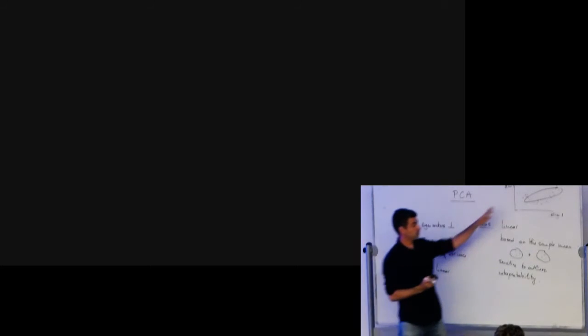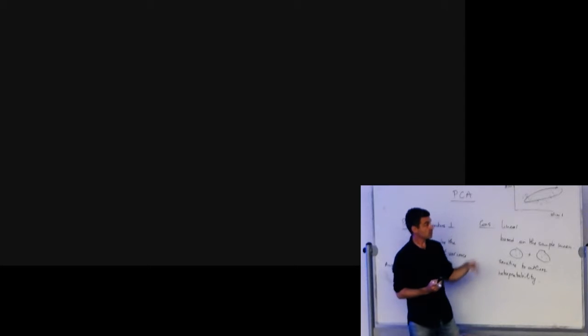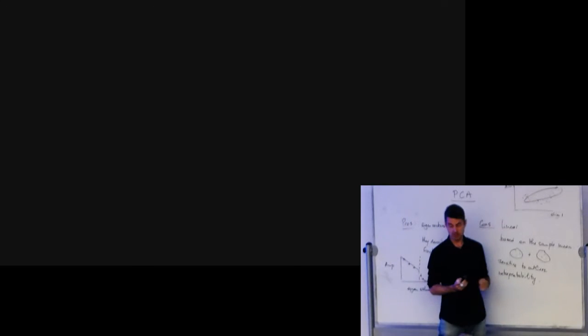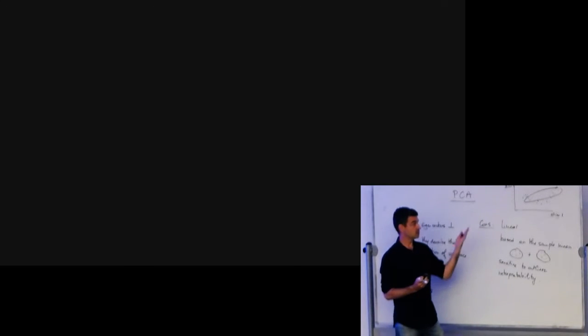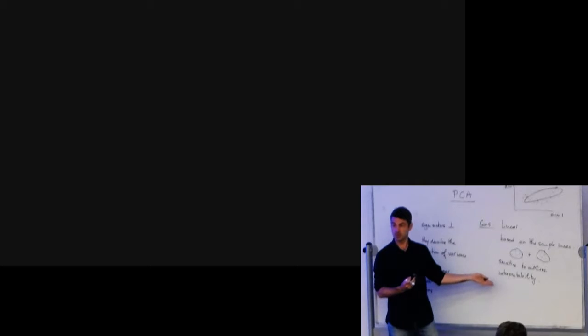So when we have manifolds like this, the manifold here is this region in which the data points are distributed. If it's not described by just second-order moments or ellipses, then PCA is not going to give us a very good representation.